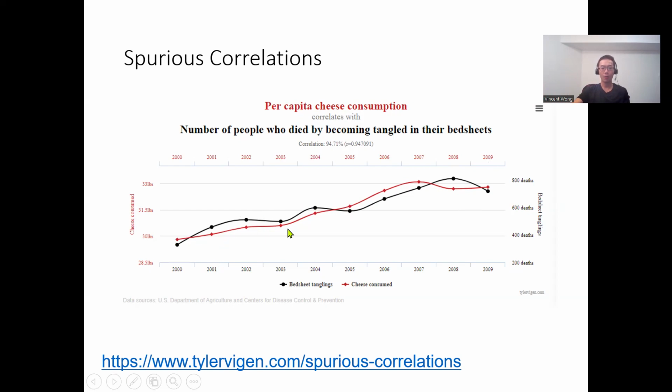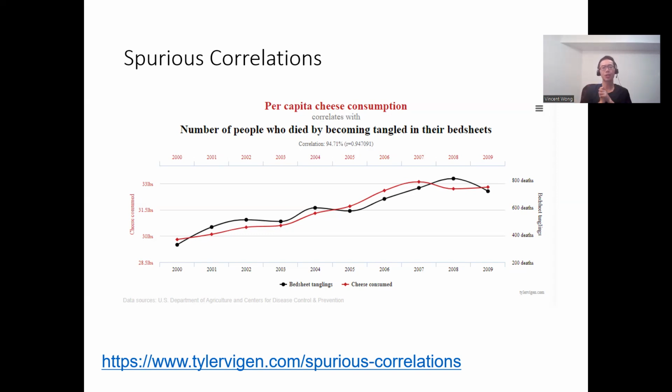And it almost perfectly coincides with the amount of cheese that is being consumed per capita, right? So if you look at these two graphs, you're like, okay, it looks like the more cheese you eat, the more likely you will die in your bed because you're going to strangle yourself with the bed sheet, right? But obviously, the two things are not related to each other.